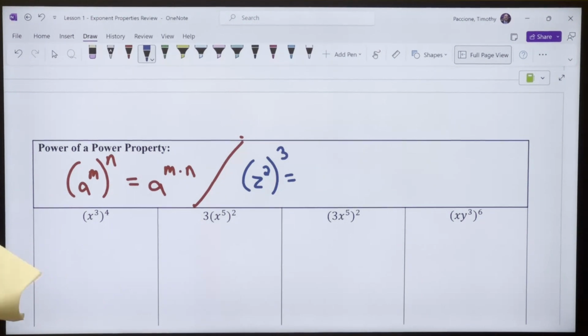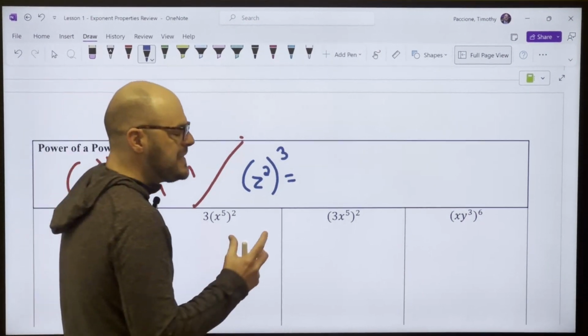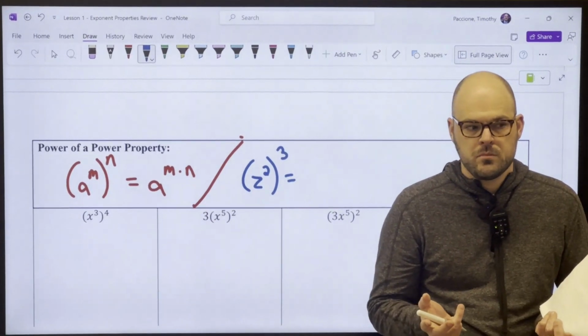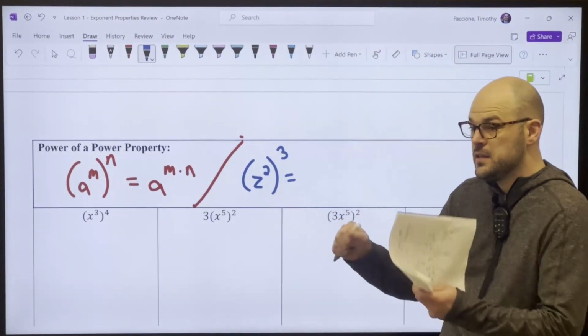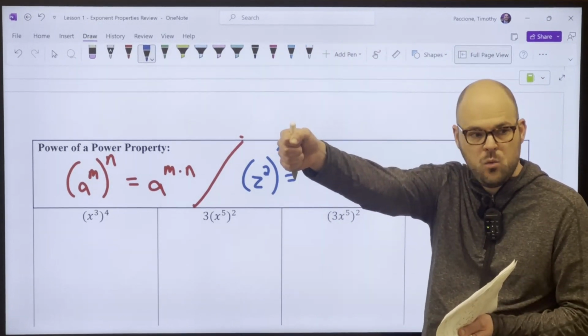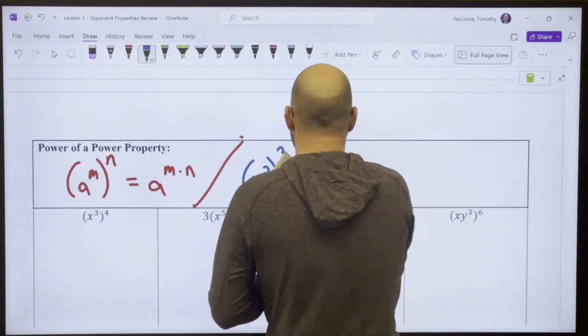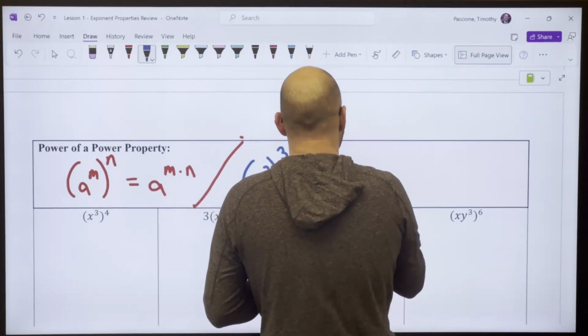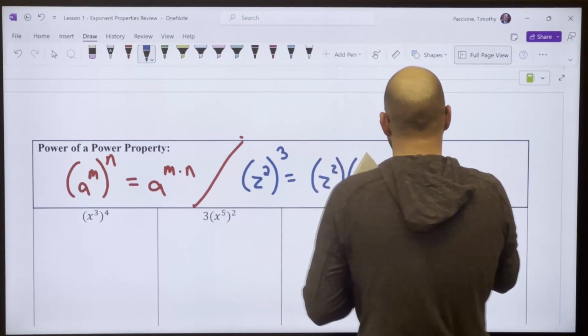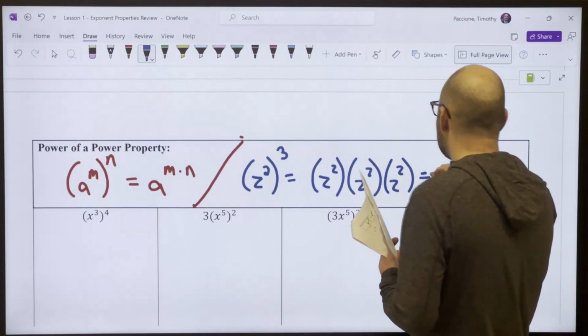Let's prove it by expanding it, right? What's the base there? What's being raised to the third? Z squared. That's the piece that's being raised to the third. That's what needs to be multiplied by 1 3 times. So I would say z squared times z squared times z squared, right? Well, now we have our product rule.